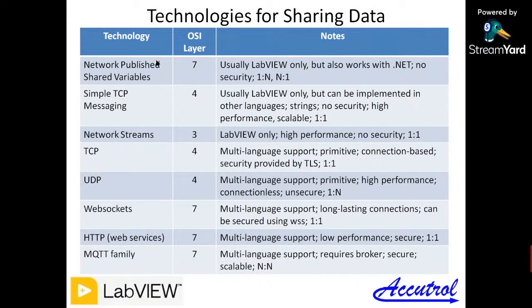Okay, and I do have some slides here that show now the different technologies, and here's where I'm hoping for some help. I tried to scour the internet to find out what we can use. Some of these obviously are not LabVIEW only, and some of them you would work with the system exec and you wouldn't even implement it in LabVIEW likely.